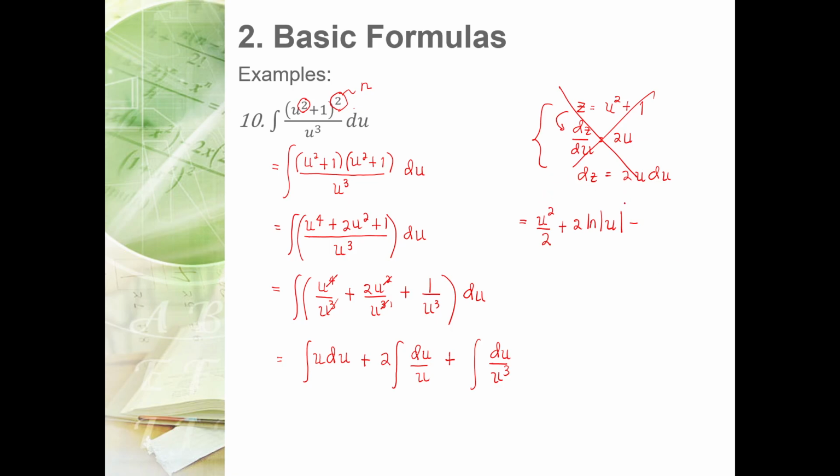So minus 1 all over 2u squared plus c. So just review the recording later for you to be able to process the other steps in this example.